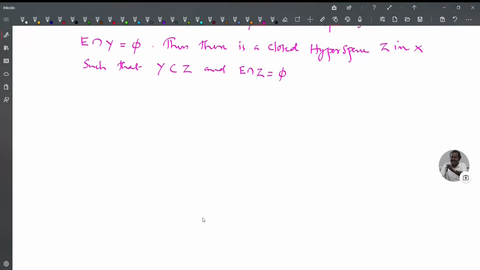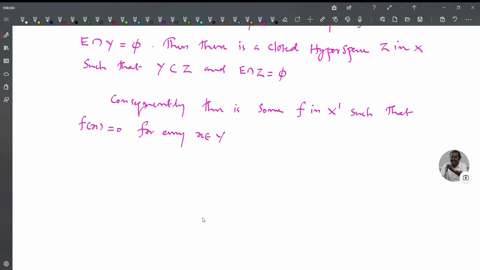Consequently, there is some f in X dual such that f(x) is equal to 0 for every x in Y, but real part of f(x) is not equal to 0 for every x in E.